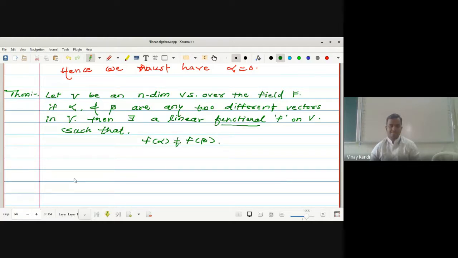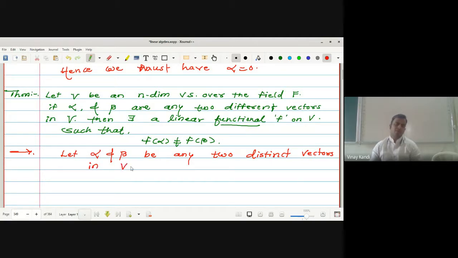Okay, now answer proof. हा स्टेटमेंट सांगतोय काय तुम्हाला? जर म्हणजे ऍटलिस्ट एक तरी तुमचा 1 1 फंक्शनल एक्झिस्ट होतोय. ओके, now let alpha and beta be any two different vectors, or distinct vectors, any two distinct vectors in capital V, that is alpha is not equal to beta.